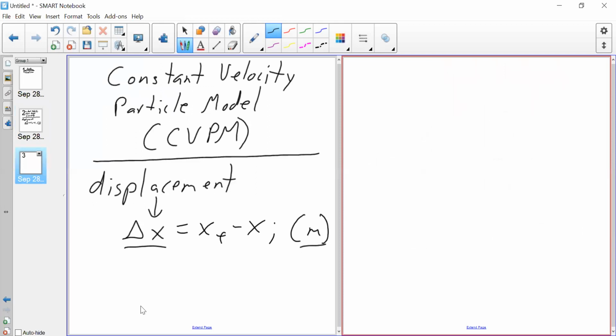The whole part of this lab, not only with the CVPM but for all the other models, the CAPM, the momentum labs, the energy labs, all of the labs that we're going to do, is going to be within a construct called claim evidence reasoning, which is basically another way of defining the scientific method.